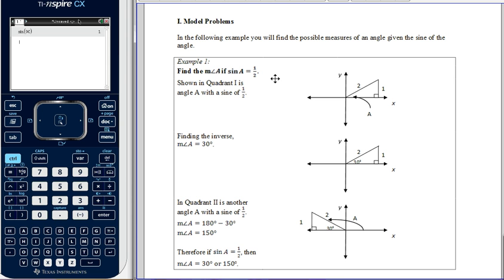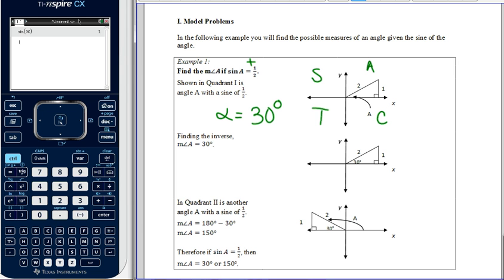Okay, so remember back to the unit circle and the fact that if we're finding sine of an angle, we've got CAST. And if we get sine of an angle as a positive value, like positive 1/2, we know alpha hopefully is going to be 30 degrees.